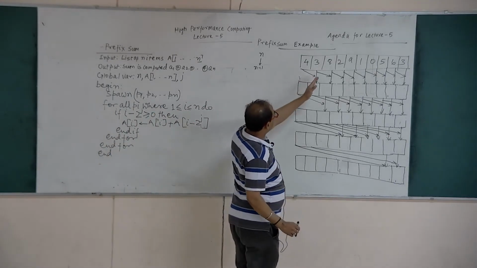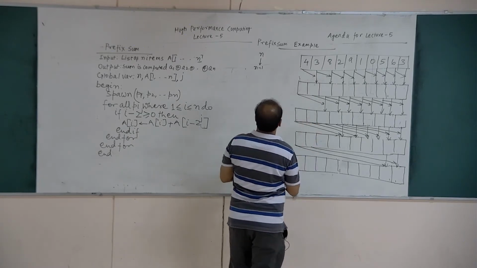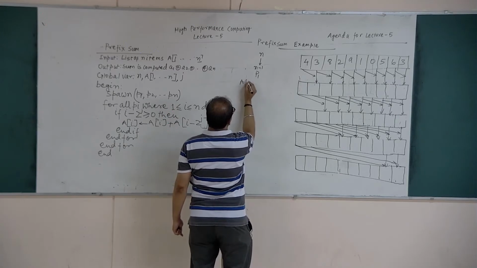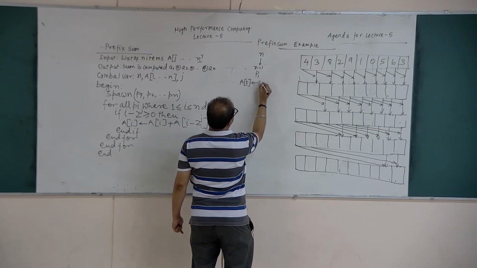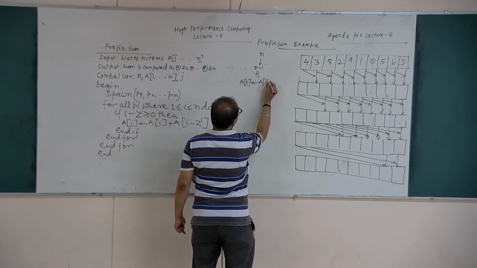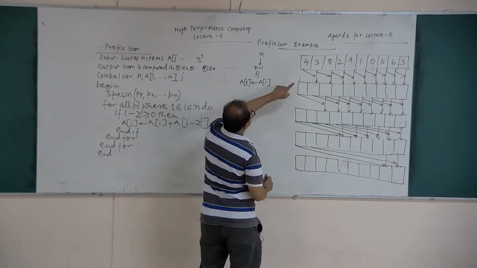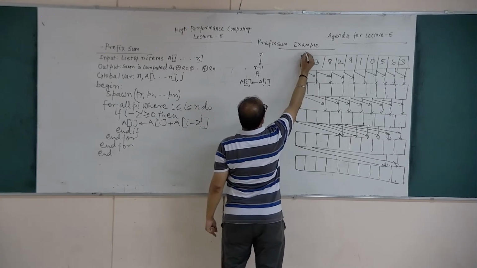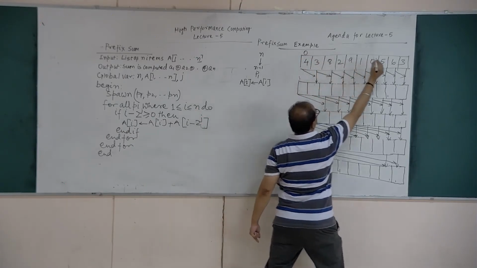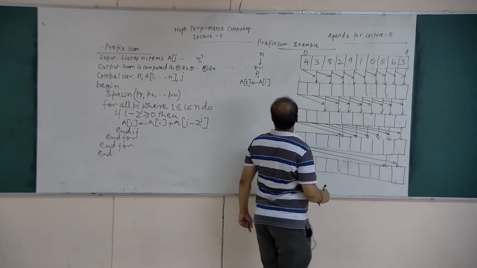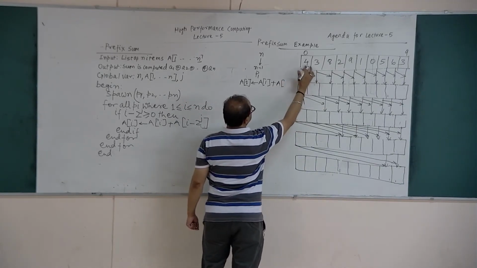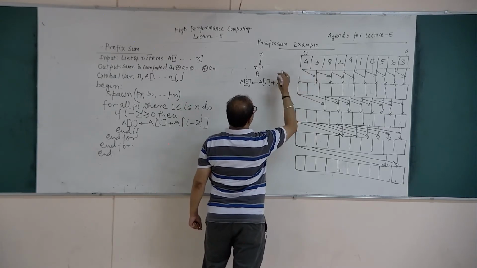So the first processor, that is P1, is adding at location A1 the sum of A1 plus A0. It is adding 4 and 3, so 3 and 4 is added.